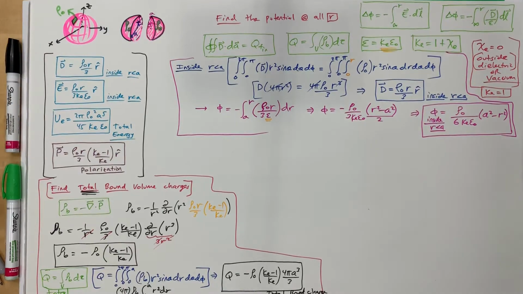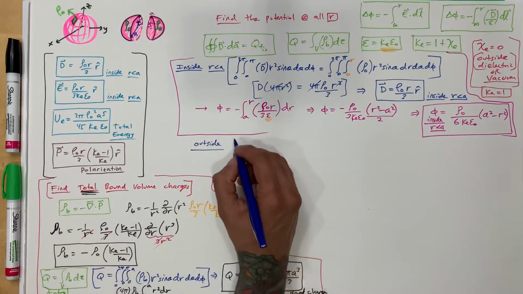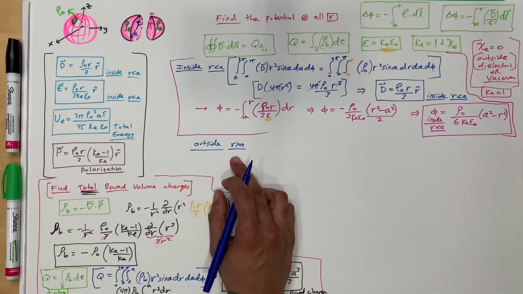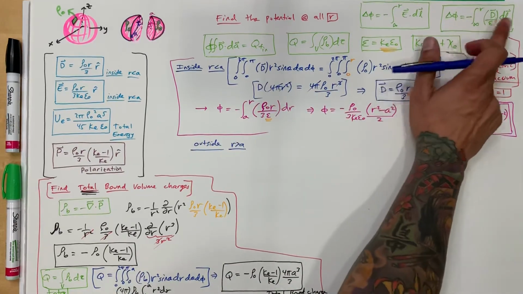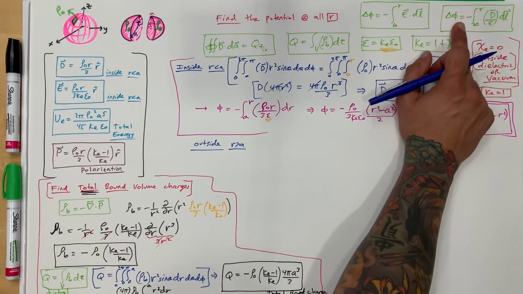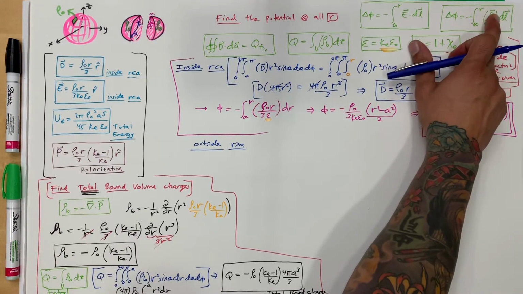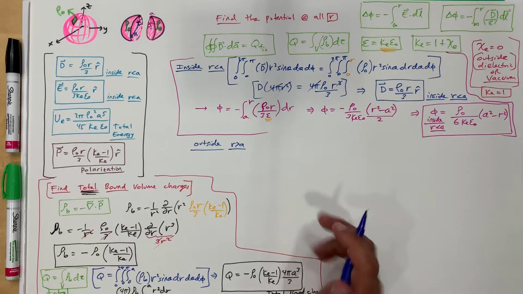So now let's do the outside. Right, we had the inside, now let's do the outside. Outside is R greater than a. And so we're going to use, again, this expression for the potential. Again, we're going to need D, which is the electric displacement, and so let's do that.